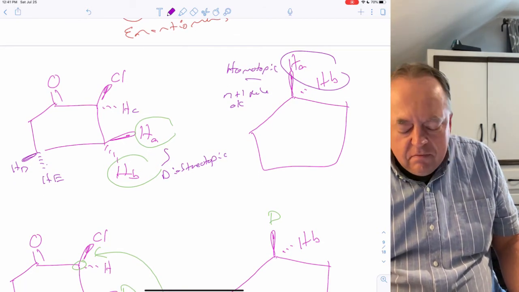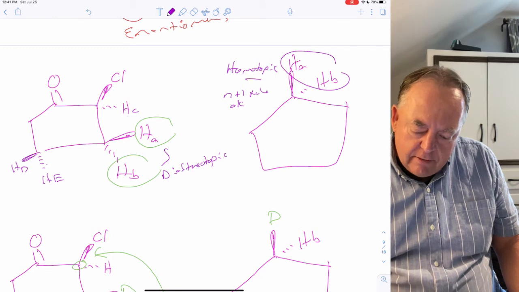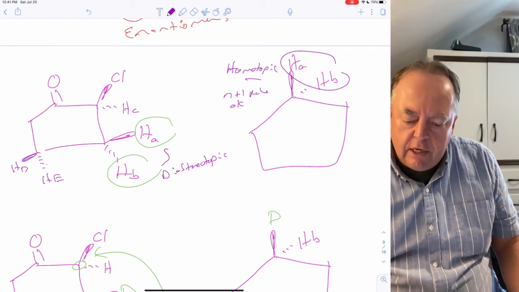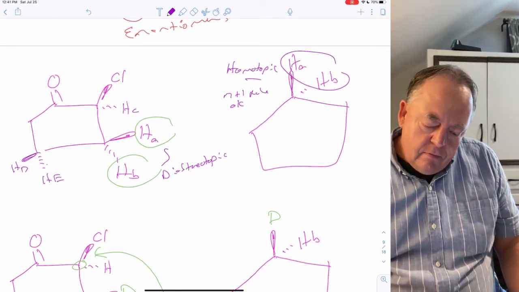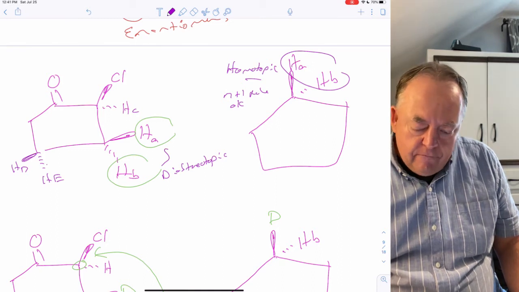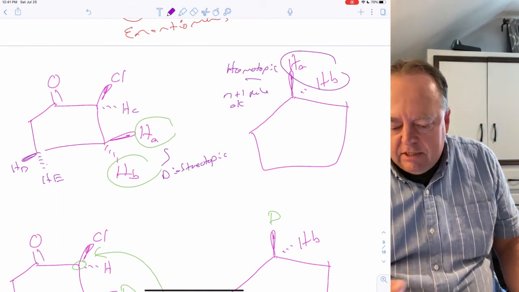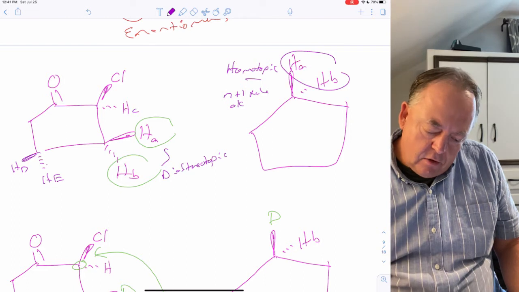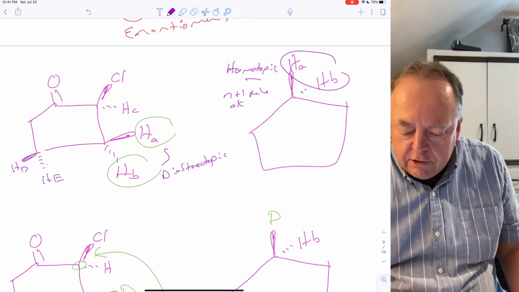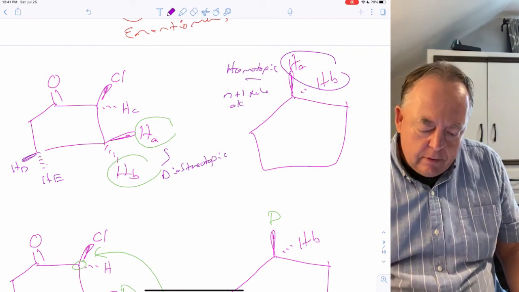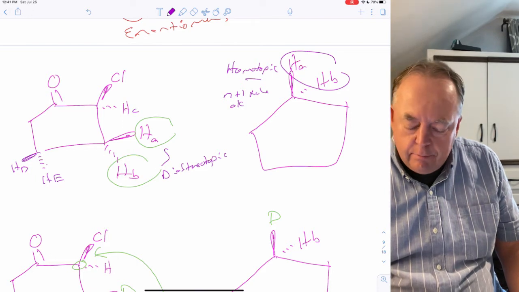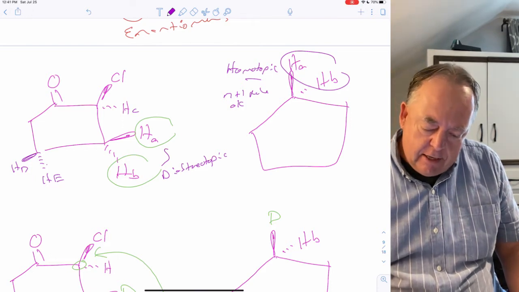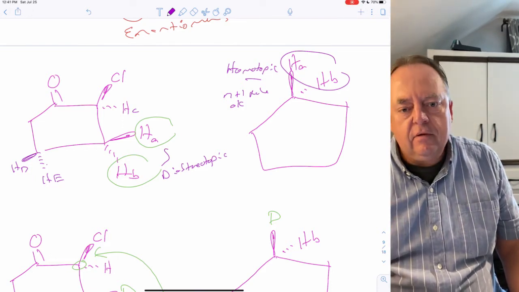I guess it can technically be a little bit more complex than that because it is a ring and you don't have free rotation. And so by adopting an envelope conformation, you can put HB and HA in different environments. So in a ring compound, your spectra will probably not be quite so simple as the N+1 rule, because HA and HB could exist in different environments.